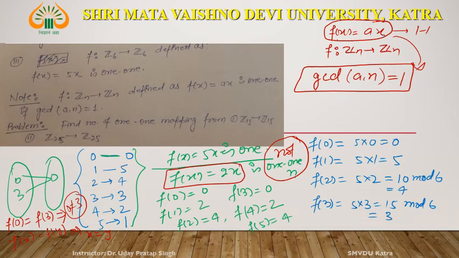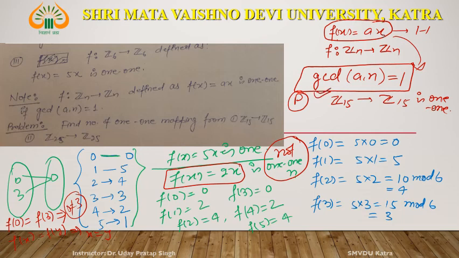Next, see one example. F from Zn to Zn, f(x) is equal to ax is 1-1 if GCD of a and n is 1. Now, how many functions from Z15 to Z15 are 1-1? That many functions are 1-1.